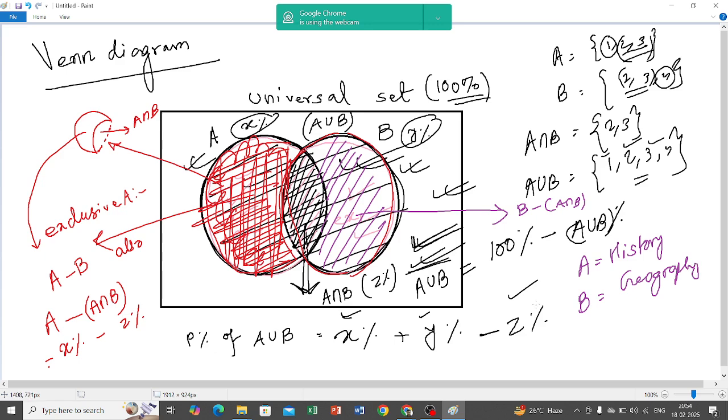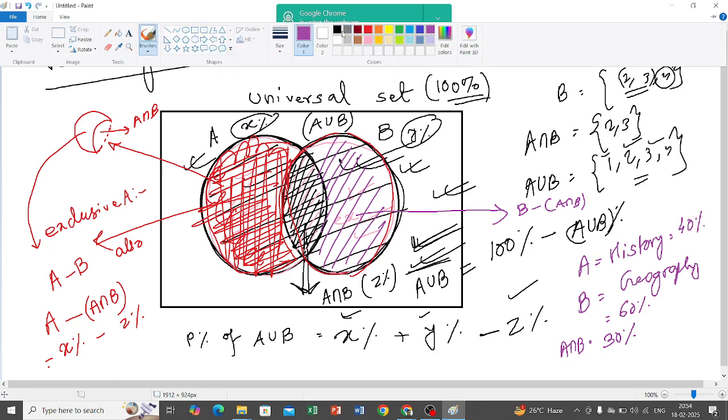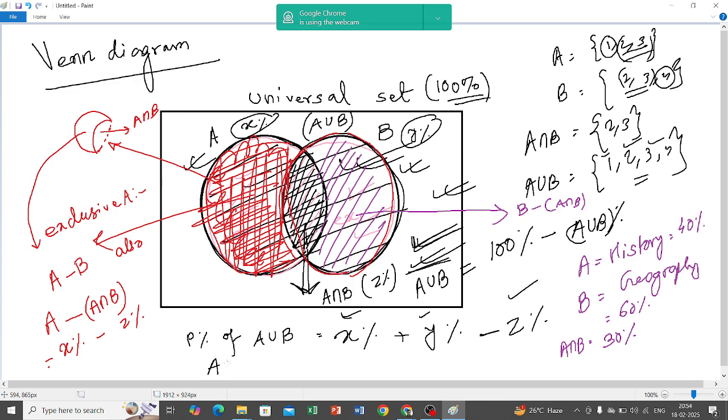Say it is given that 40% people passed in history and 60% people passed in geography, just random values. 30% people passed in both, right? The question will be how many people passed in either of the subjects. Remember, whenever it is asked either of the subjects like this, then remember A union B. This is called either of the subjects.